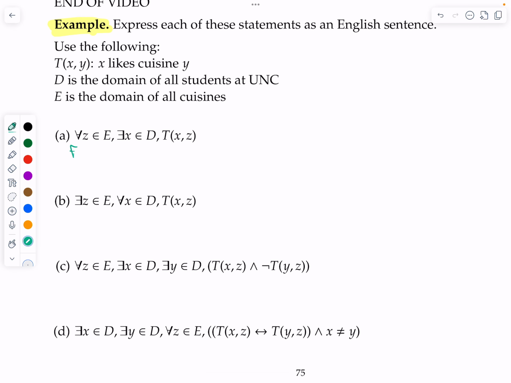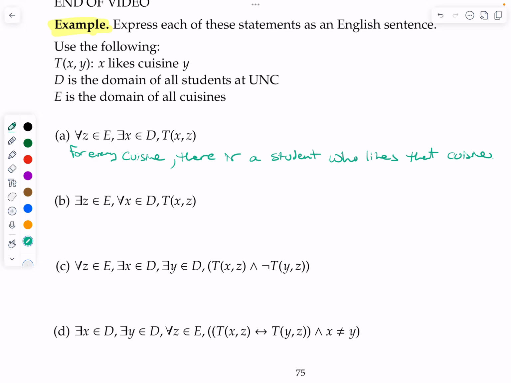And so for every, let's see, this is cuisine. So food type, cuisine. There is a student who likes that cuisine.